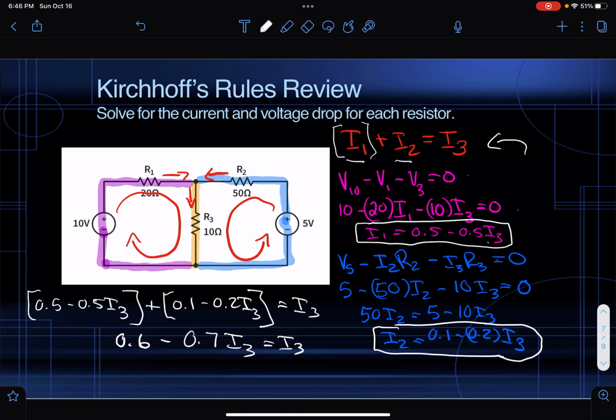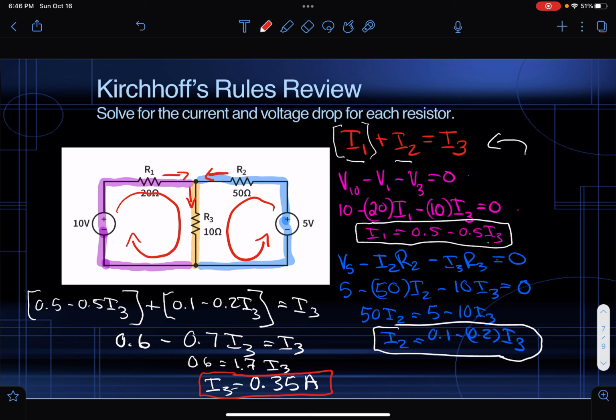So I'm going to add that to the other side. So I get 0.6 is equal to 1.7 I3, and then I can solve that. My I3 is 0.35 amps.